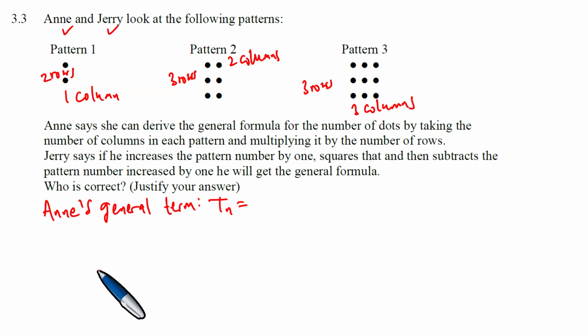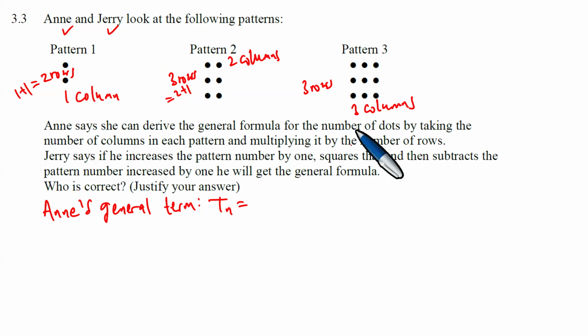So Anne's general term is this. You can see that if this one is 1, then this is 1 plus 1. These things are what we call number patterns. If there are 2 columns, then this one is 2 plus 1.